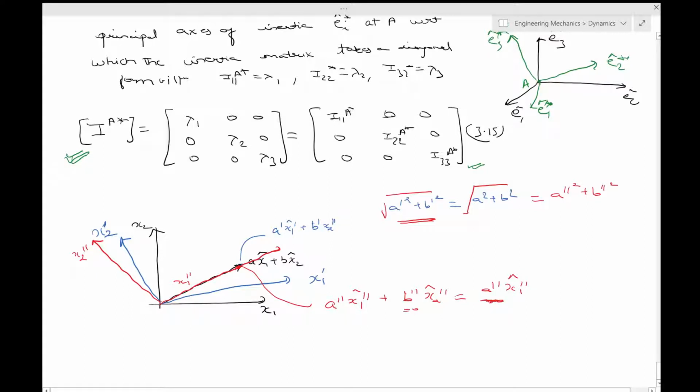Now can you think of what will be the magnitude of this vector along x2? It will be 0, right?